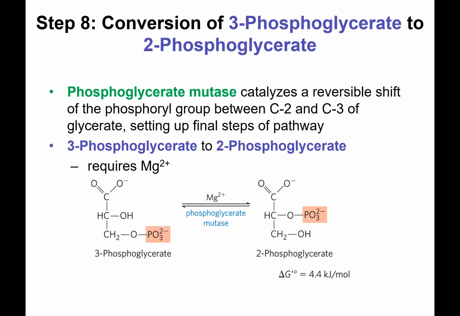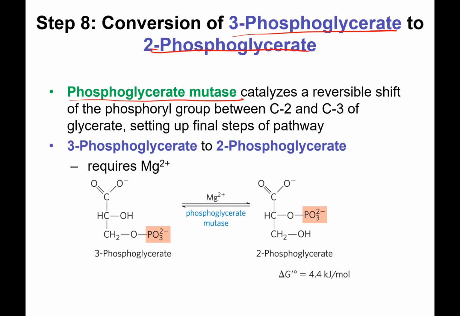And now we're going to have, I wouldn't exactly call it a pause, but we're going to take our 3-phosphoglycerate and have another kind of movement here. Would you call this an isomerization? I guess in a way it is, but we're moving the phosphate group this time, right? So it's phosphoglycerate mutase now.